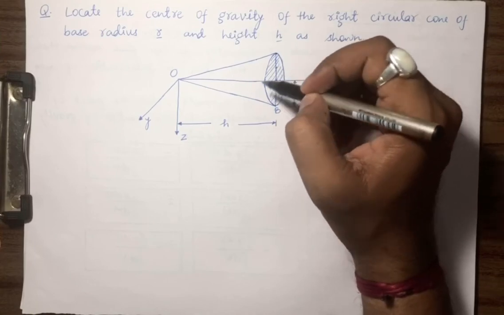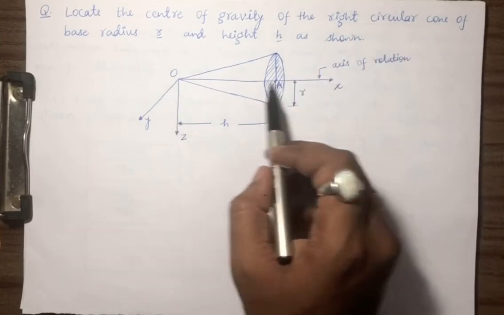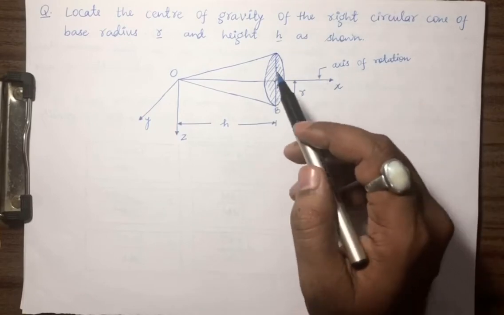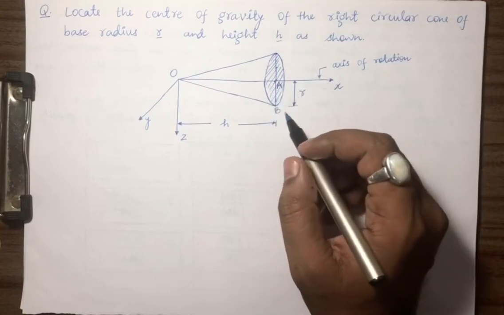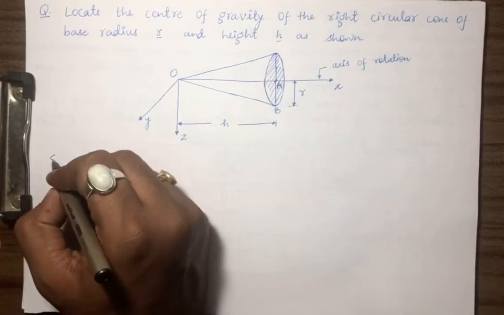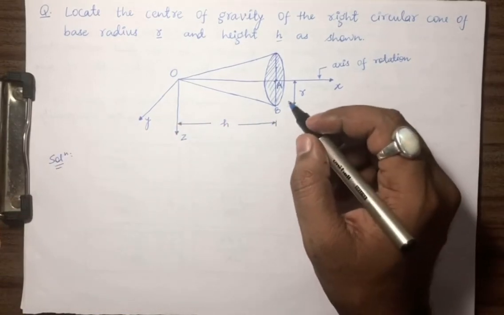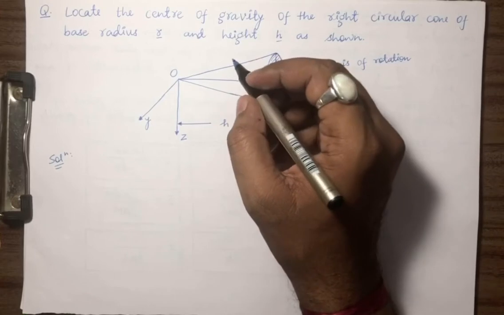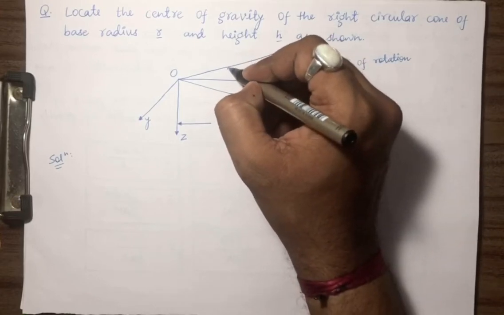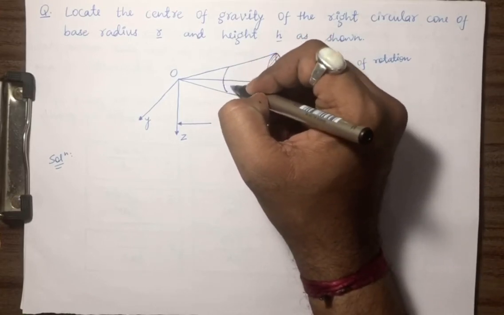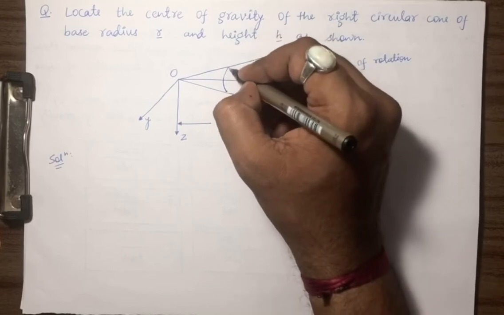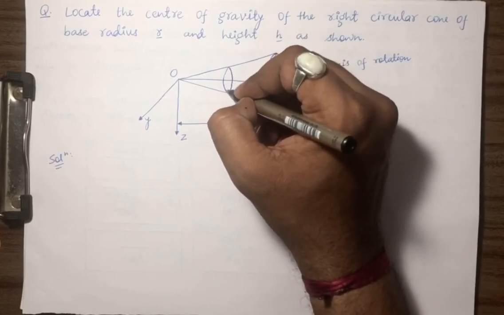So about this axis, this whole body is like a mirror. Let us solve this problem. For solving this, we can take a small disk. Let me just show you.